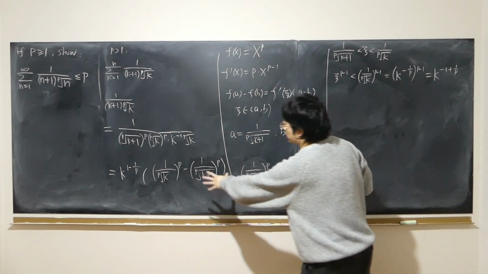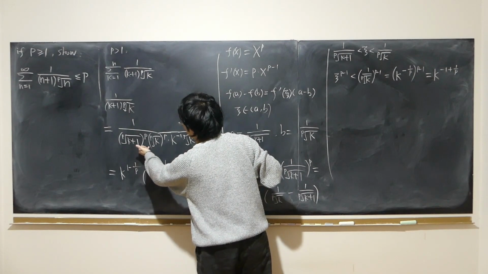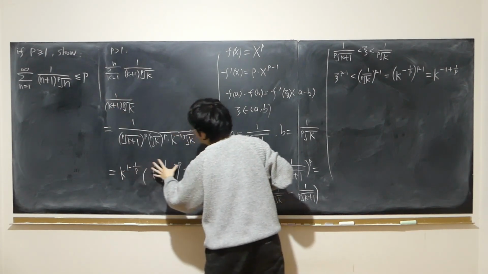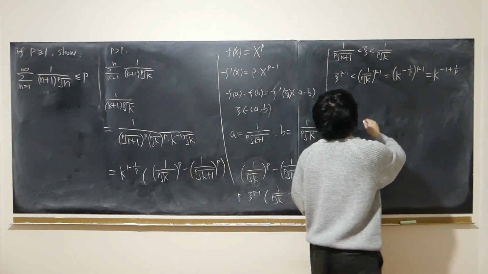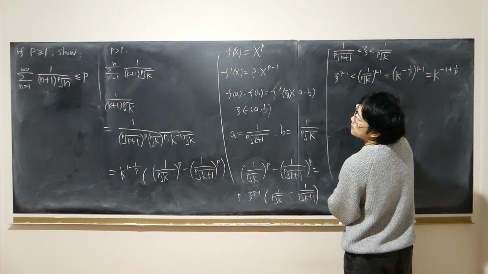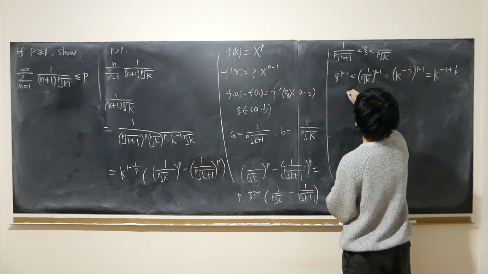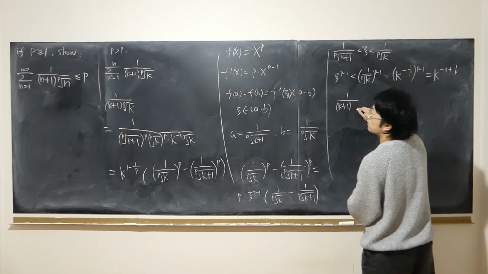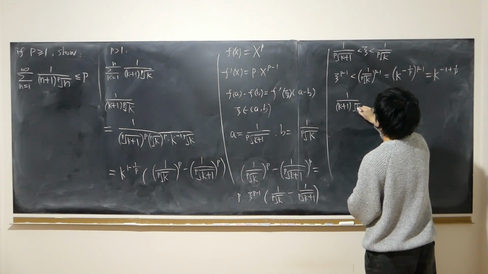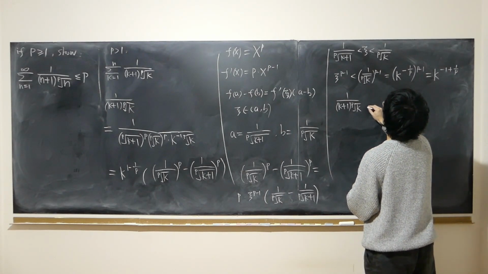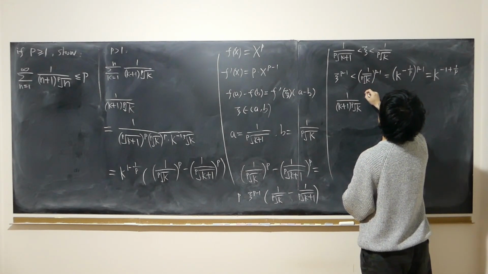right? So what is this? This is actually equal to my general term, right? General term is equal to this. So let me just write it down. So in the end, I have this conclusion. 1 over k plus 1 times the pth root of k is, is it strictly smaller?